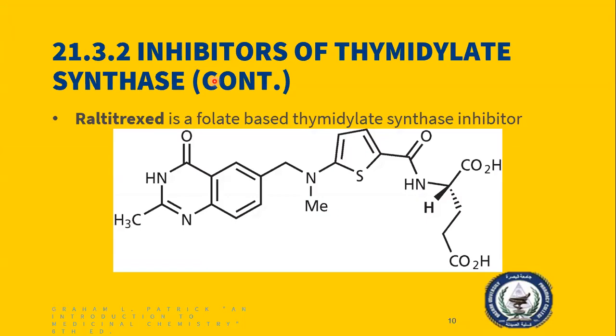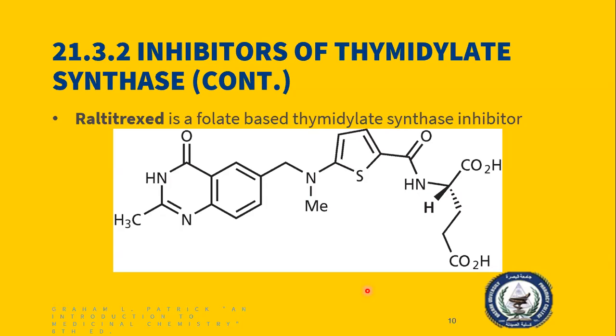Another inhibitor of the thymidylate synthase: we talked about 5-fluorouracil and capecitabine. Those inhibitors are suicide substrates, and they act at the active site. The other one is a folate-based thymidylate synthase inhibitor. As you can see from the structure, it looks a little bit similar to folic acid. So this one is an inhibitor at the cofactor site.